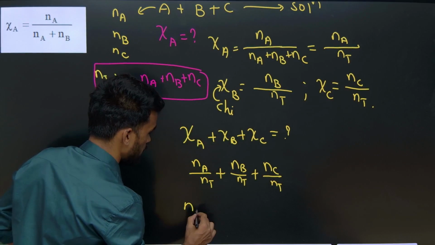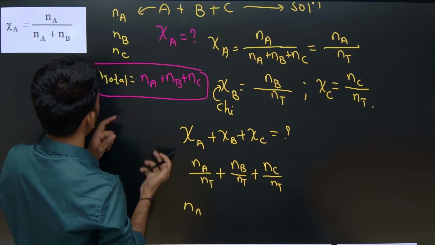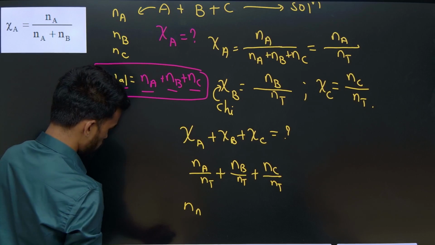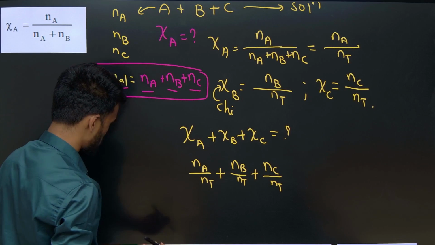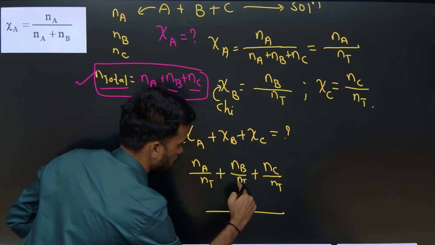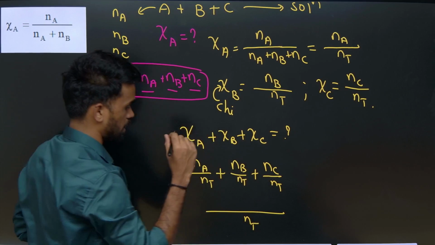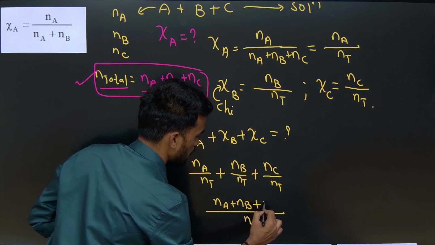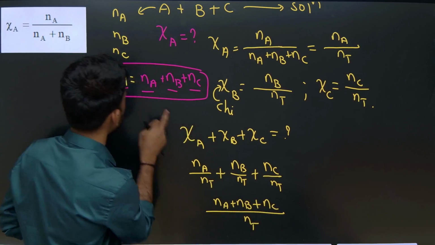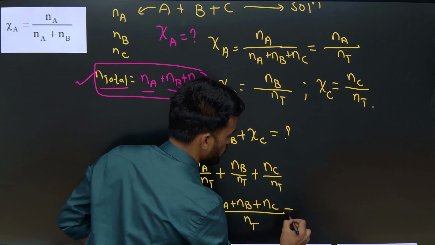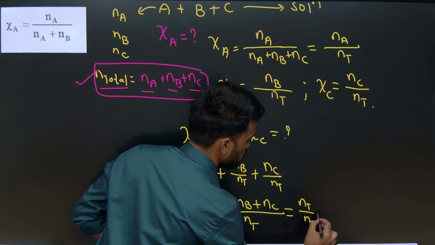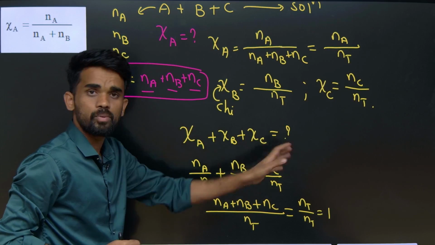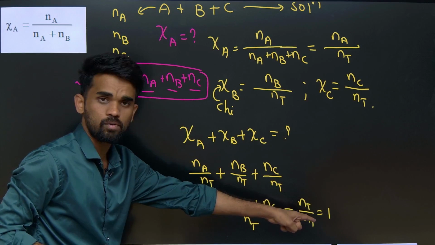In the denominator we take N total, and in the numerator we have Na plus Nb plus Nc, which is nothing but N total only. So we have N total by N total, which means 1. So the sum of mole fractions of all components in a given solution is equal to 1.